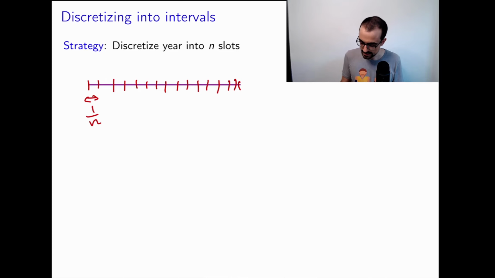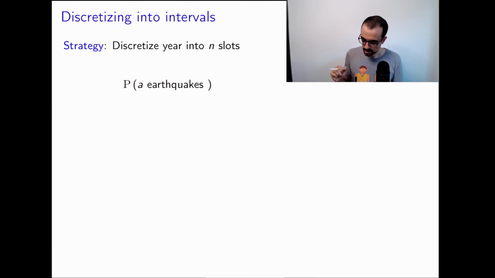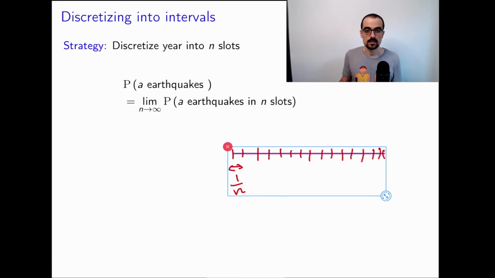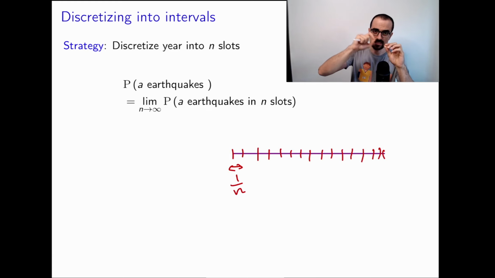So maybe I'm going to copy this picture because I think it will come in handy. We want the probability of A earthquakes. I forgot to say that we're going to do this thing where we have discretized the year into n slots.